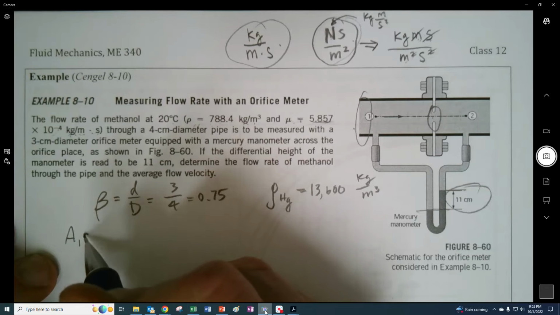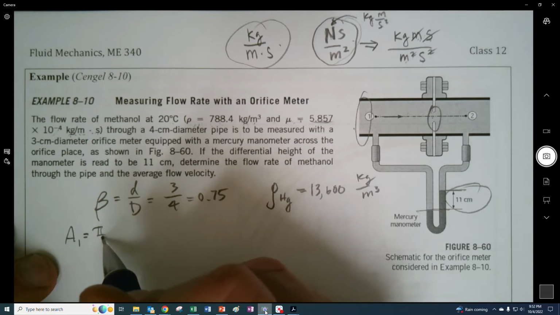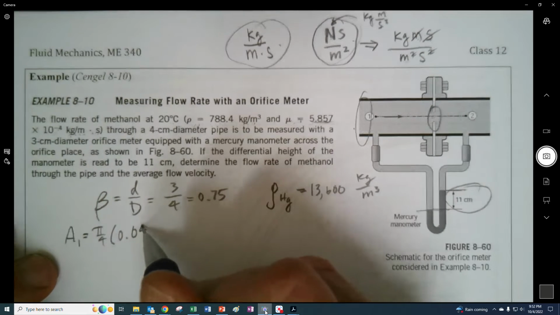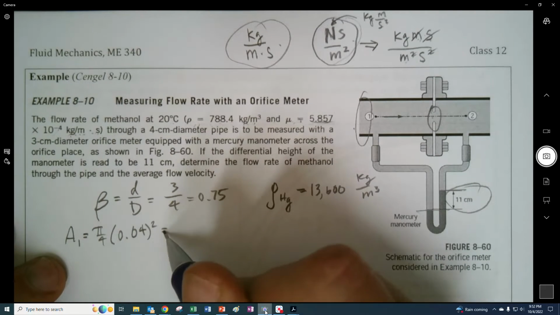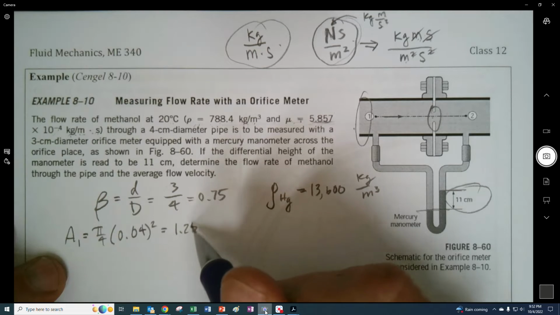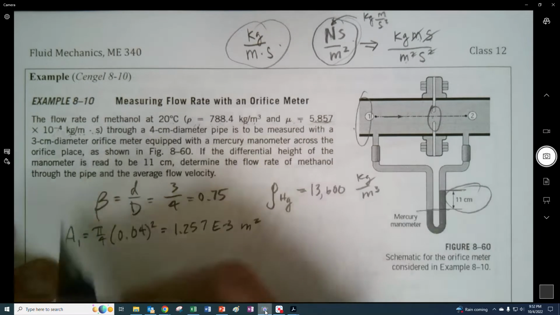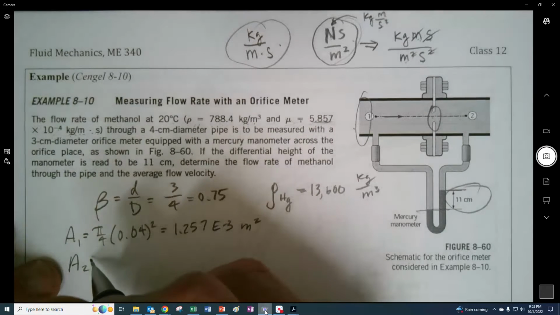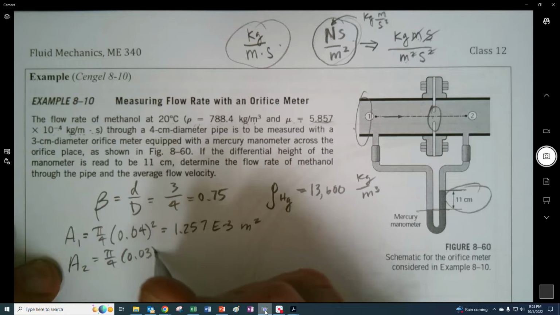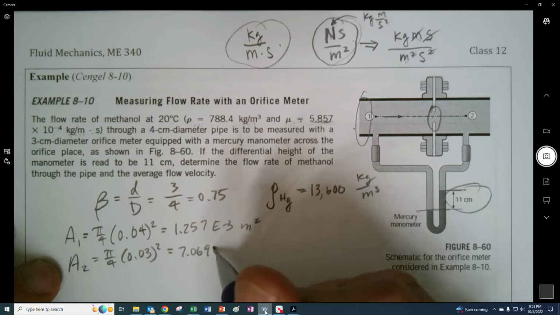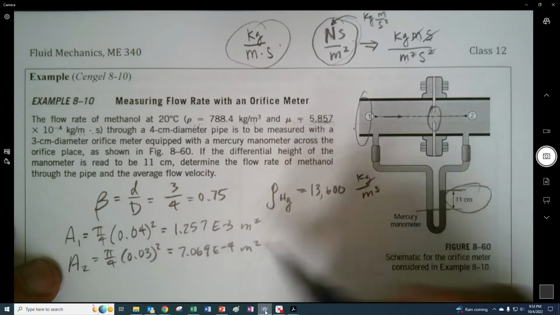The area coming in is pi over 4 times 0.04 squared, so A1 is 1.257 e to the minus 3 meters squared. A2 is pi over 4 times 0.03 squared, which is 7.069 e minus 4 meters squared.